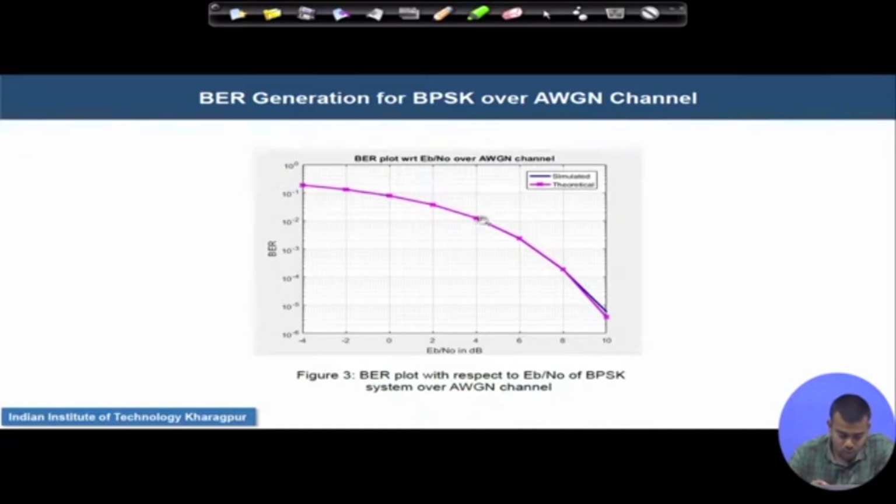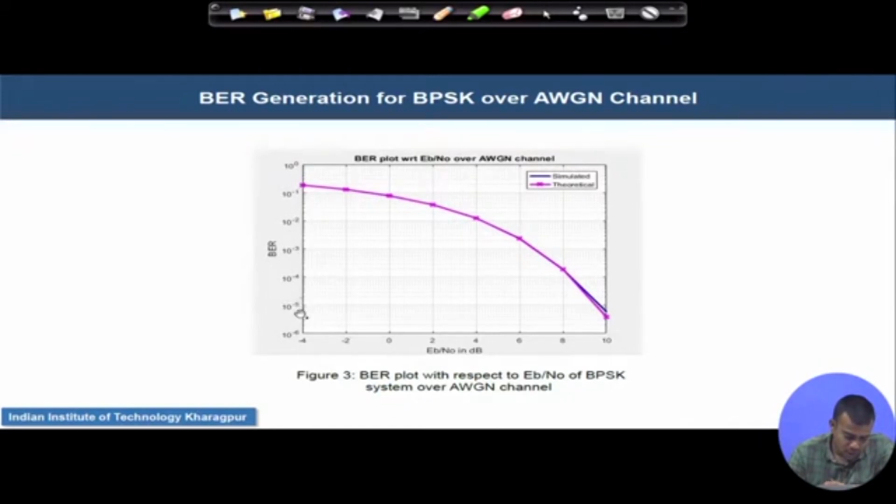To generate a probability of error of 10 power minus 2, you require an Eb by N naught of 3 dB, something like that. And the only difference comes as the Eb by N naught increases. As you go from top to bottom along the y axis, the BER decreases.